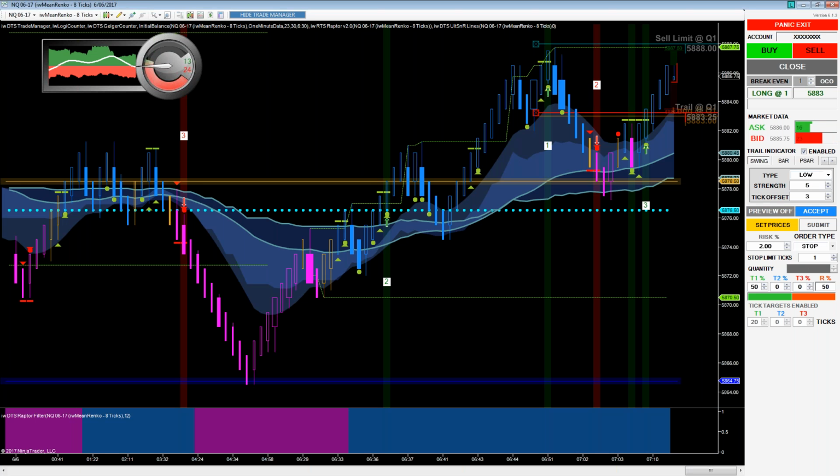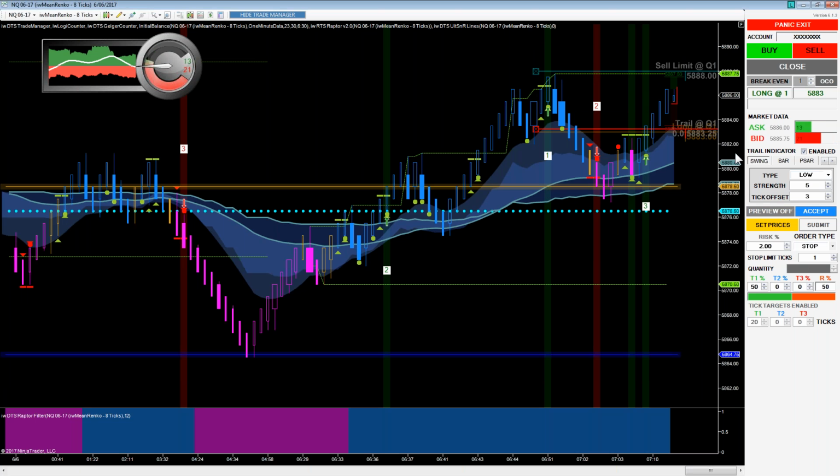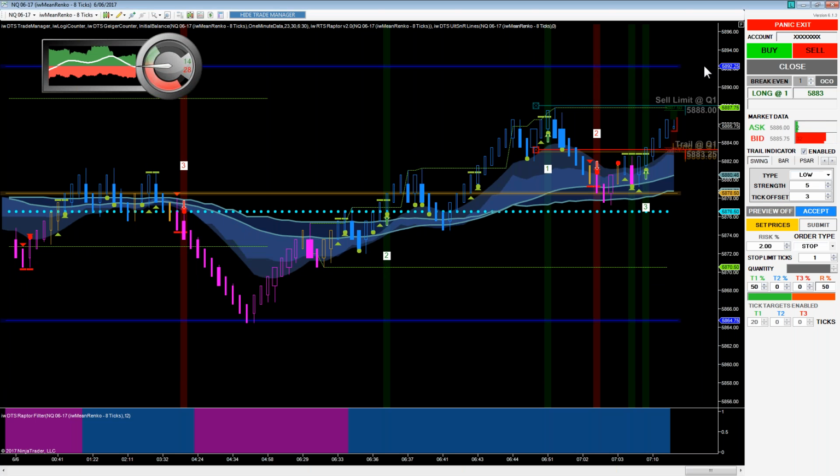Okay, the bears don't know it yet, but there's a very good chance the market's going to press here to the primary resistance line at 58.92 quarter, which is essentially going to be a retest of yesterday's high, 58.91 half.